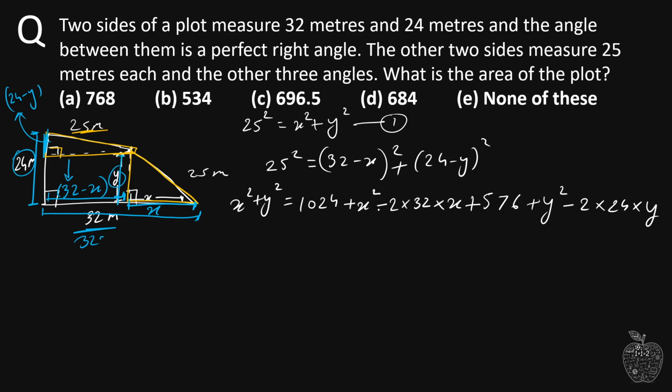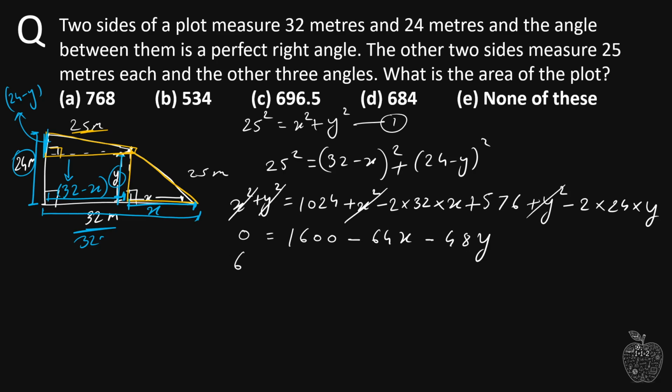Now let's eliminate x square and y square from both the sides. So we are left with 0 equal to 1024 plus 576, which will give me 1600, minus 32 into 2, which is 64x, and minus 48y. All right, let's take 64x and 48y to the left hand side.